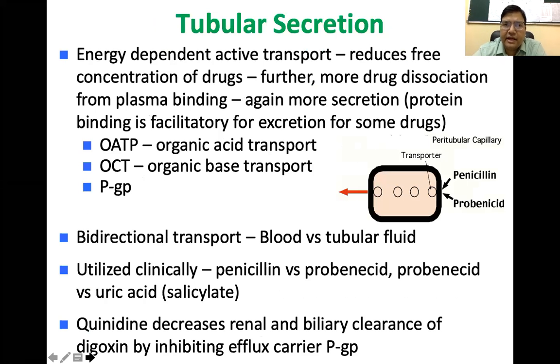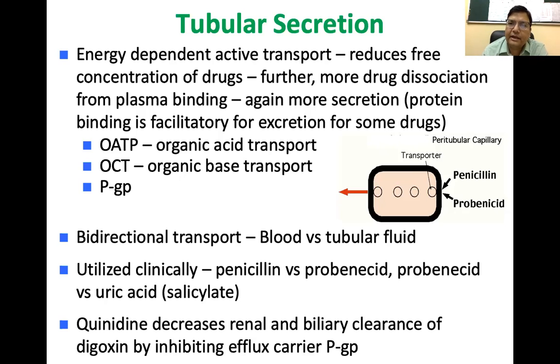Coming to the third stage, the active one, that is the tubular secretion. This is an energy dependent active transport, and it reduces the free concentration of the drug. Furthermore, in tubular secretion, the capillaries are there. It is the free drug which will be first secreted through the tubular secretion.